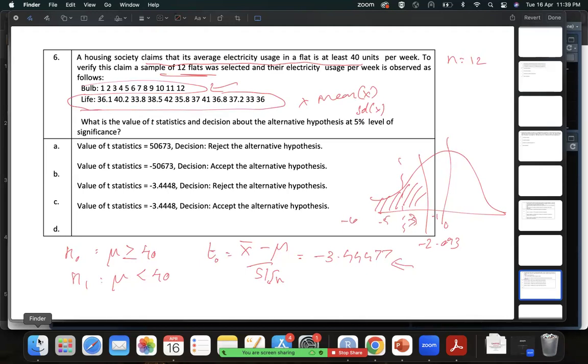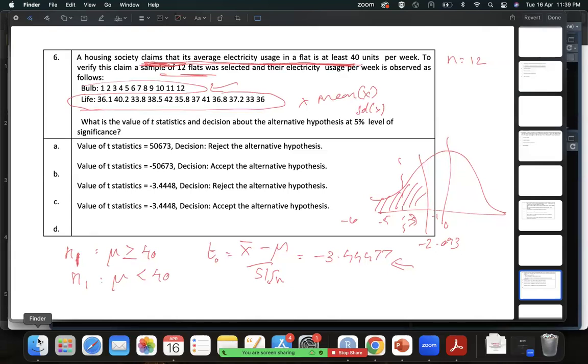So what do you do? Here you reject your null hypothesis. Sorry, you reject your alternate hypothesis, I've done it the other way around. Whenever they say a society claims its average, that is your alternate hypothesis.